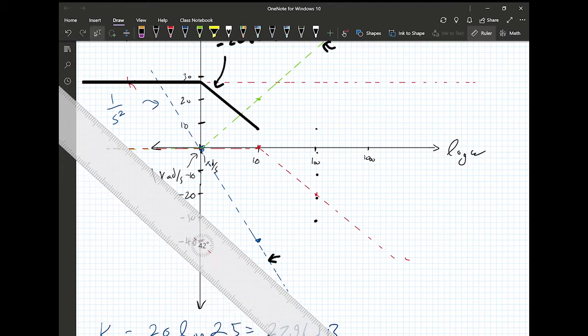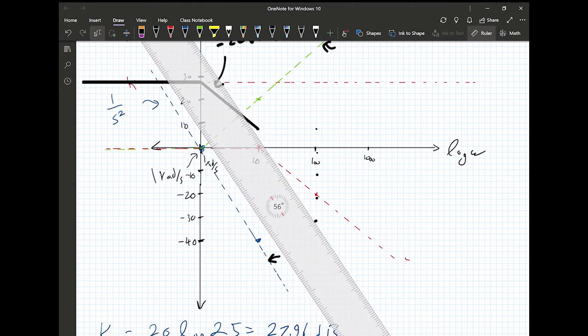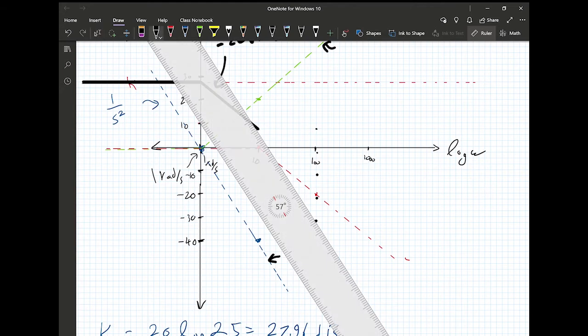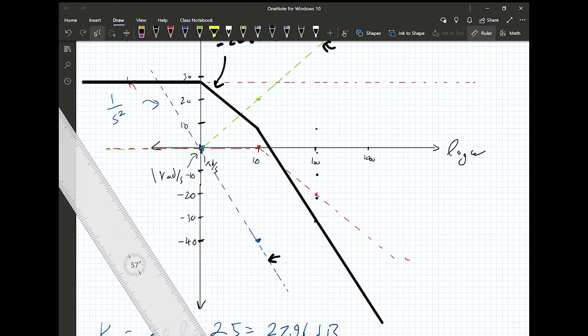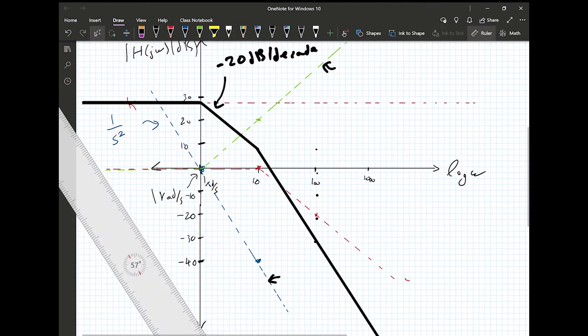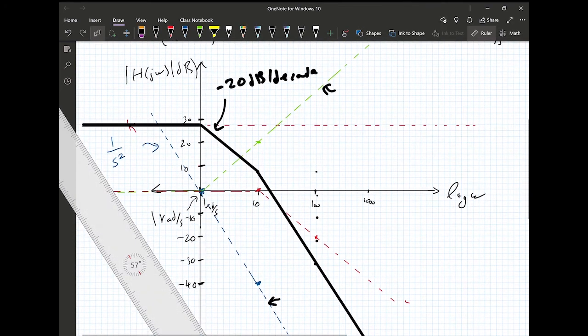So now I'm going with double the slope. I'm going down this way. And this is what the magnitude plot would look like.